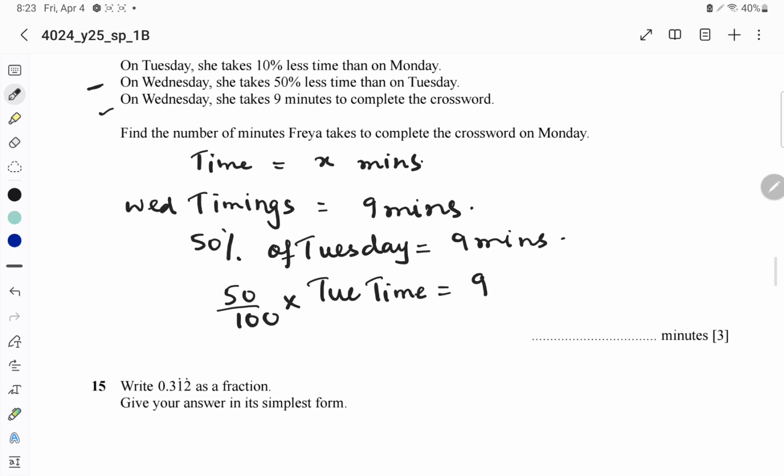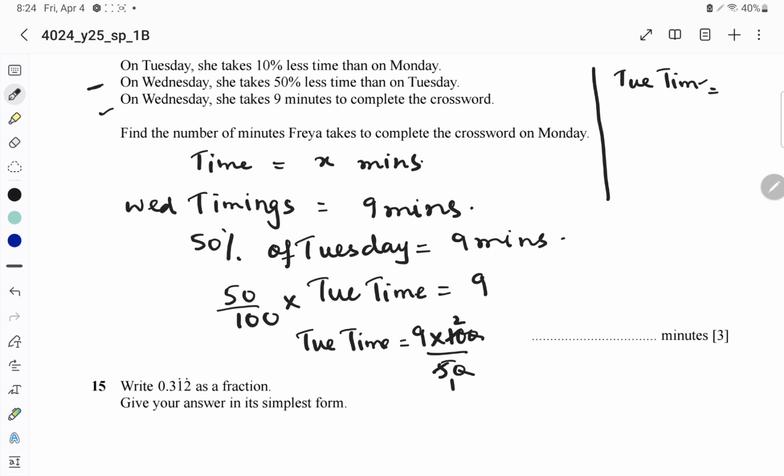So Tuesday timing will be 9 times 100 divided by 50. You can cancel: 5 ones are 5, 5 twos are 10, 9 twos are 18. So 18 minutes is the timing for Tuesday.